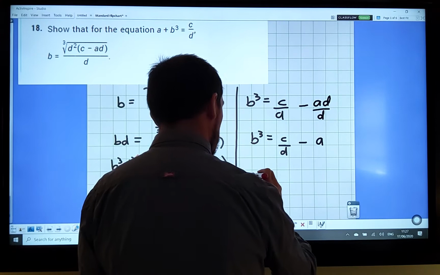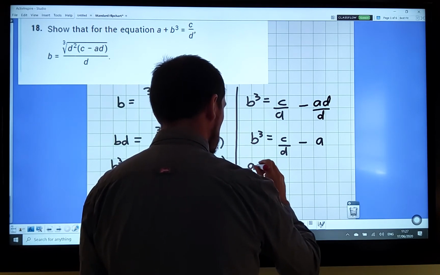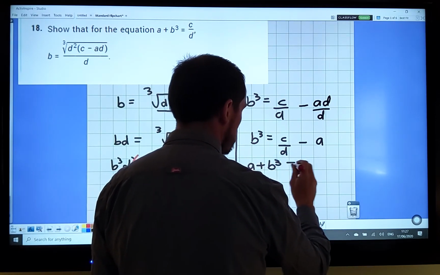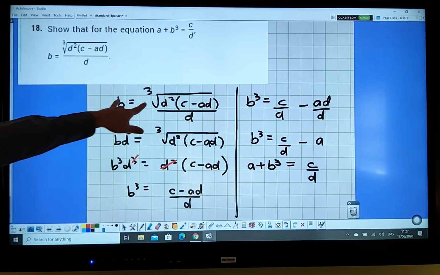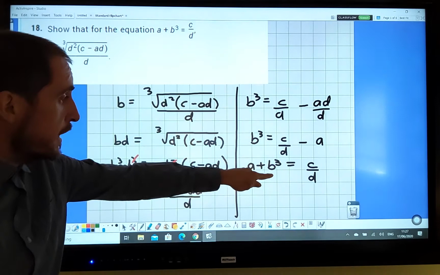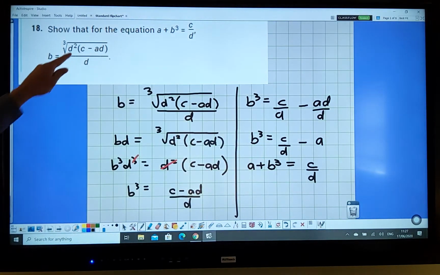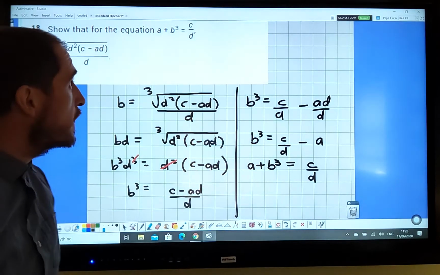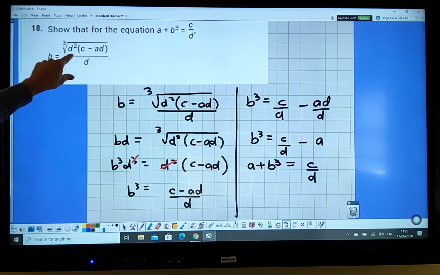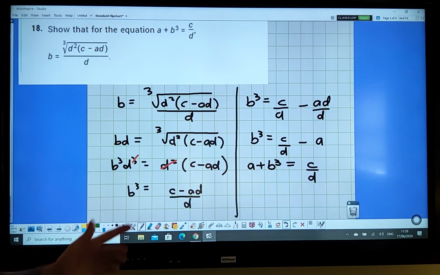So then I can say that a plus b cubed is equal to c over d. So now I've shown that that there is the same as that there. And that's how you do that question out. So it's a much easier way to do it. Rather than working this one, you work this one. So that's just a way to come out.